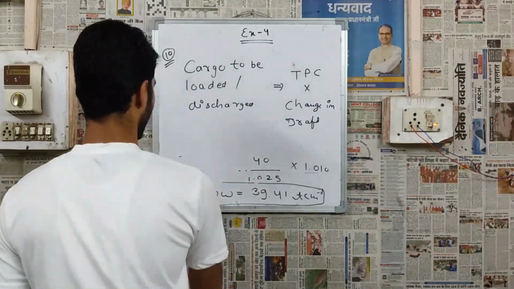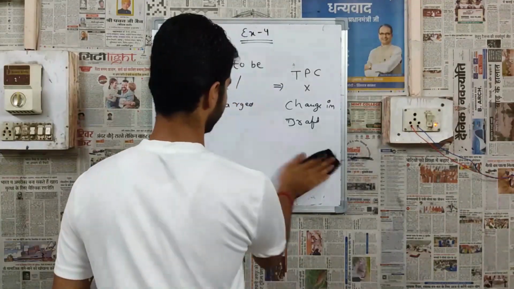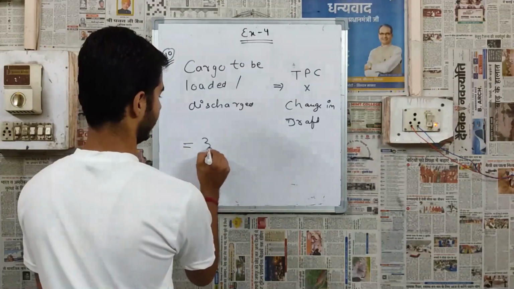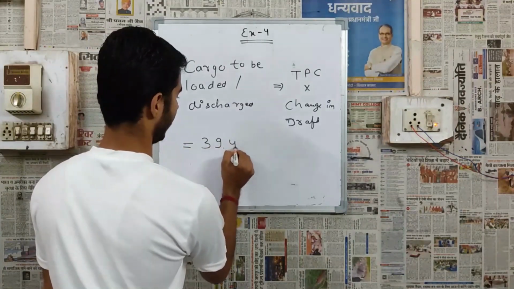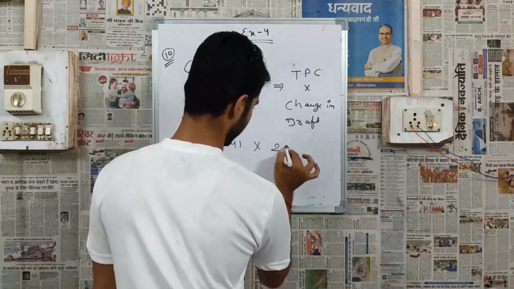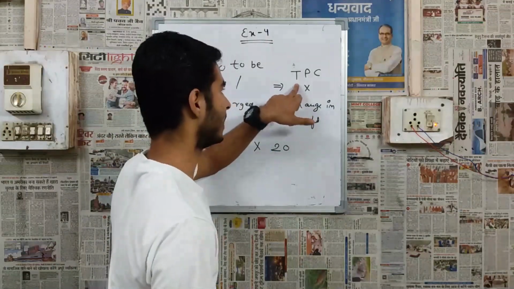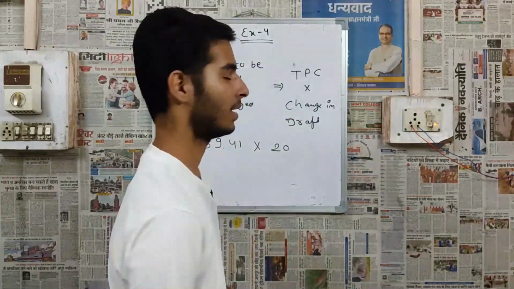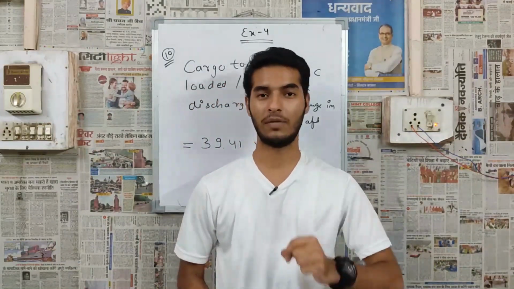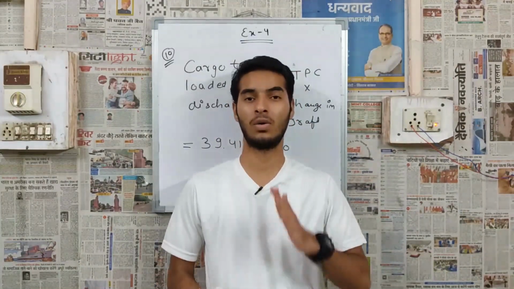Now we have to find how much cargo is to be loaded to bring the ship to 8.4 meters. So we have TPC, that is 39.41, and change in draft is 20. What is TPC? TPC is tons per centimeter. It means if I have to sink the vessel by 1 centimeter, how many tons of cargo do I need?